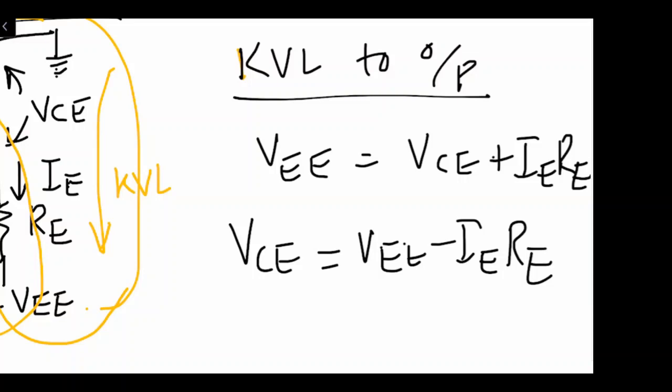So this is basically the point from where we are actually having the Q points in the characteristic curve as well as on the load line, right? Are you with me? Yes, sir. Rest of the thing is the same.